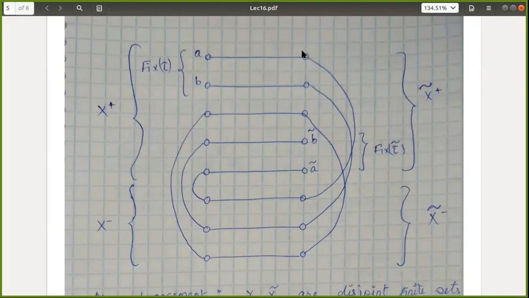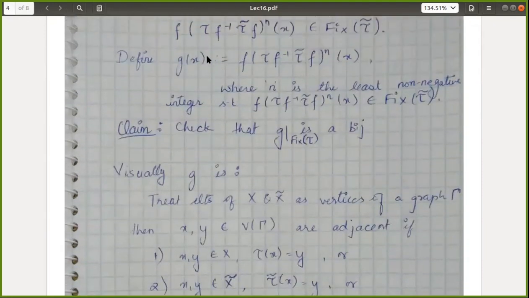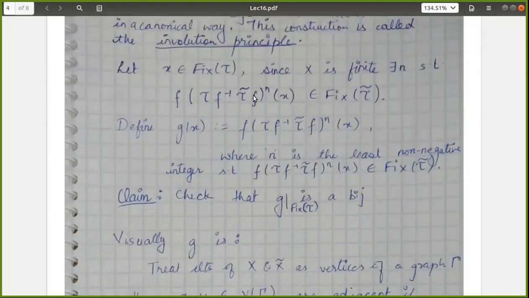Because if the involution keeps it fixed, then the image is already in the fixed point set of tau tilde. And then when you apply F inverse, you hit back the same element, and then you apply tau. And since it was in the fixed point set, you stay here. So this entire business is actually n equal to 1. Correct?